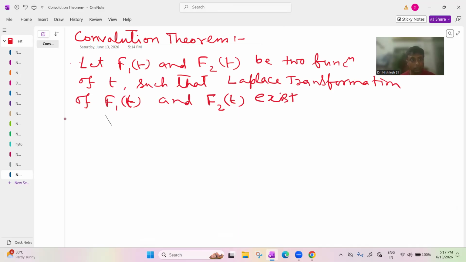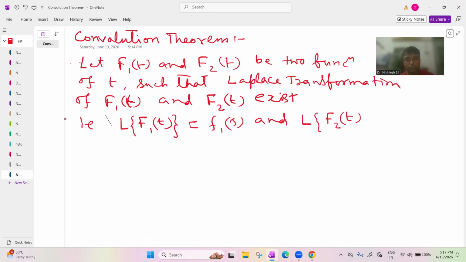That is, L of f1(t) is equal to F1(s) and L of f2(t) is equal to F2(s).